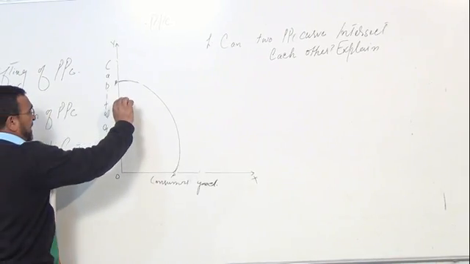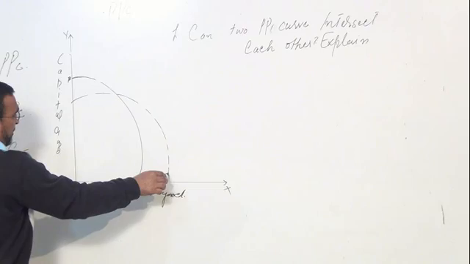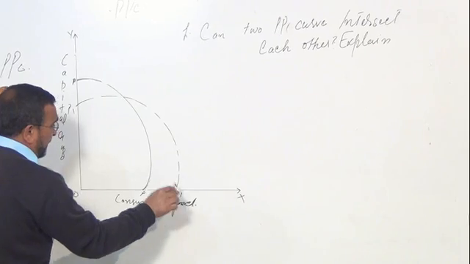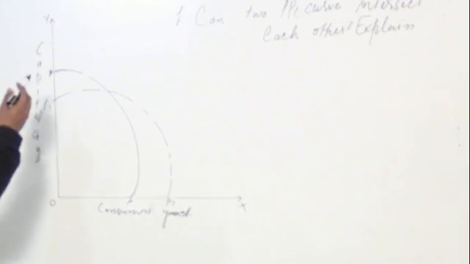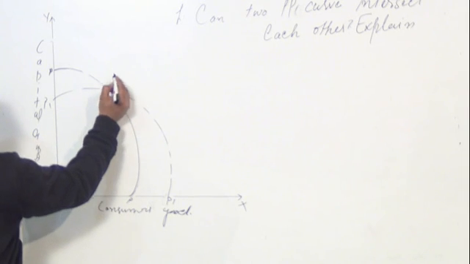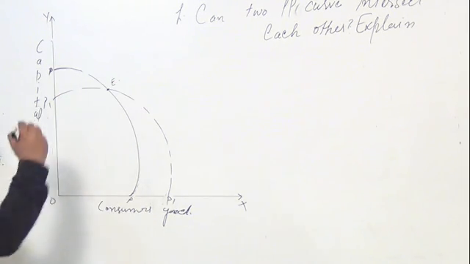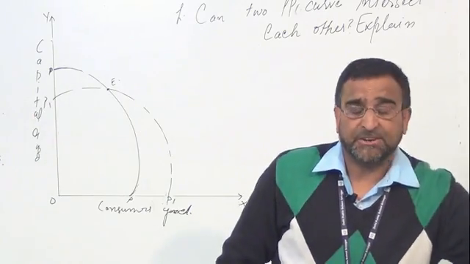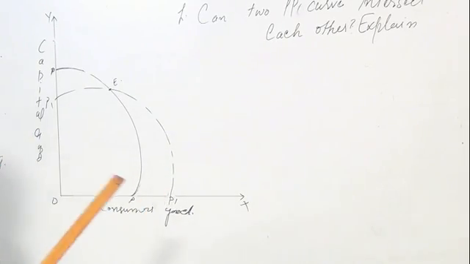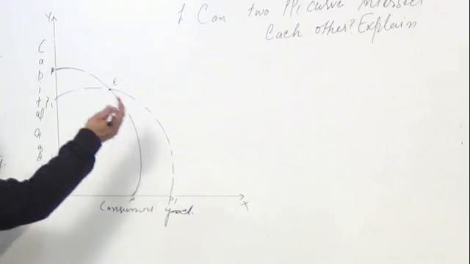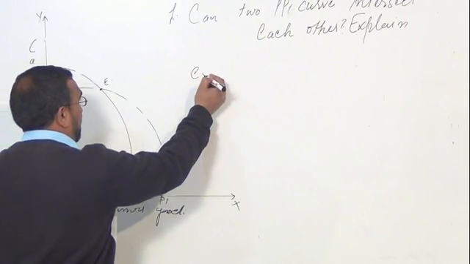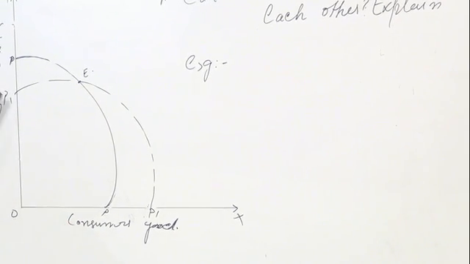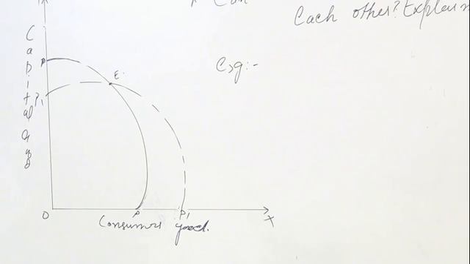That simply means this may be another production possibility curve. Say this was PP, now this is P dash. Then the two curves intersect at point A. Now the question is, why do these two production possibility curves intersect each other? Let us say we were producing consumer goods and capital goods with the given resources.